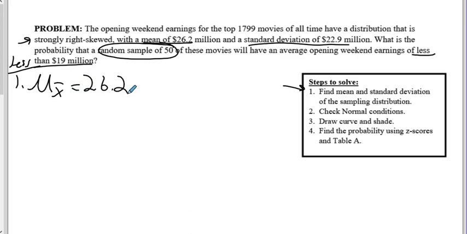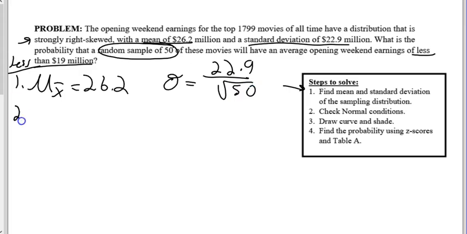Tells us that right there, 26.2. Now the standard deviation, remember, the standard deviation of the sample is our population standard deviation divided by the square root of how many we have in our sample, which we know is 50. That's step one right there.